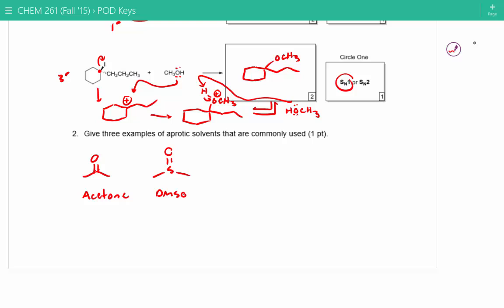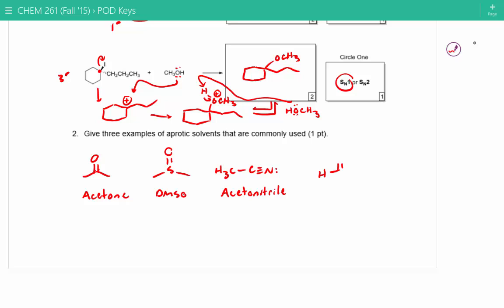We've got this one with the carbon-nitrogen triple bond. What's this called? Acetonitrile. Were there any other ones? DMF. All right.